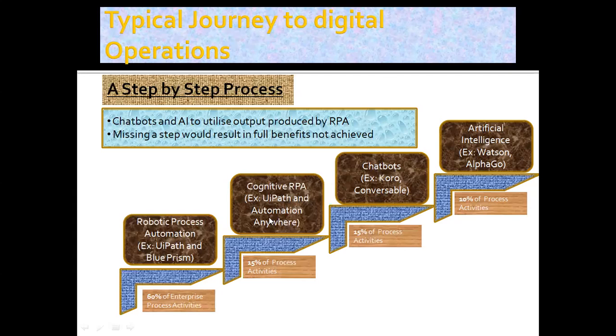UiPath and Automation Anywhere are best for cognitive RPA. After completing this 60% plus 15%, 75% of RPA work, then chatbots, 15%. With a chatbot you just ping, saying I need this, and immediately that request will go to the RPA and cognitive RPA, and then you will get a response immediately.